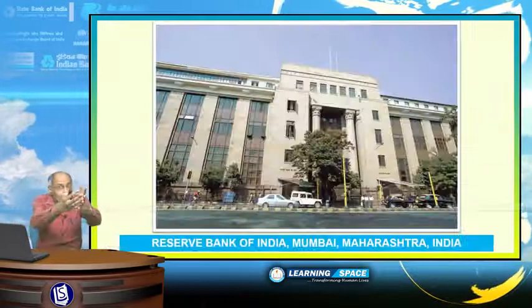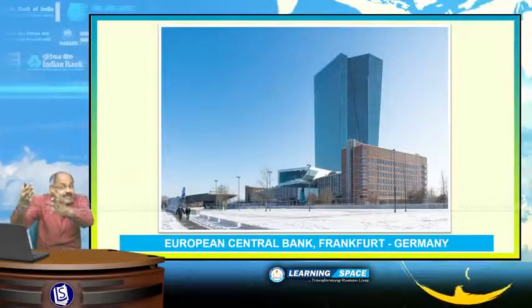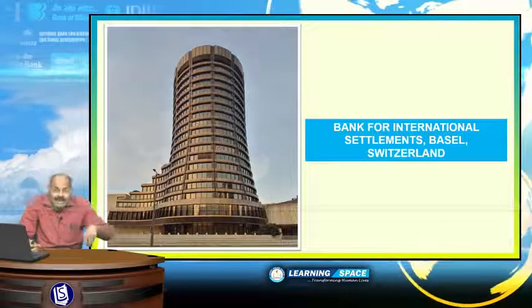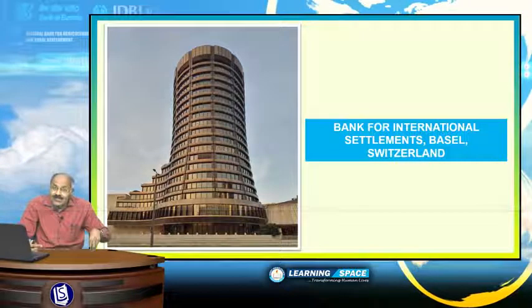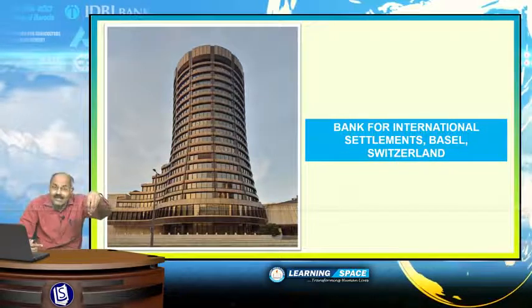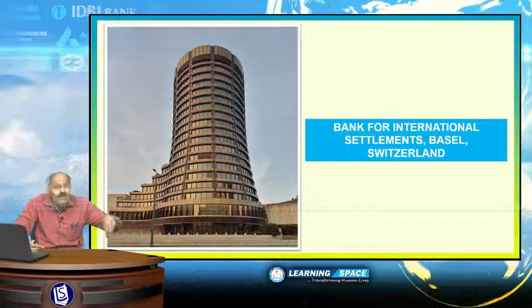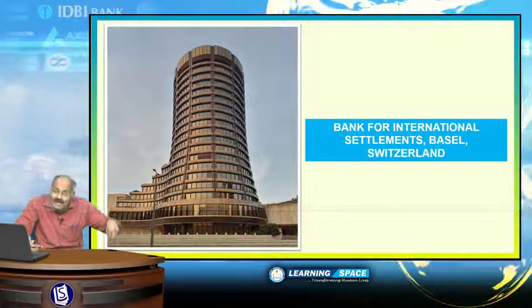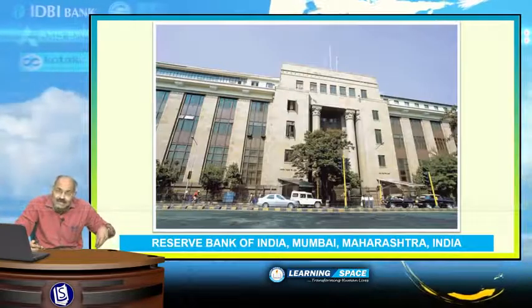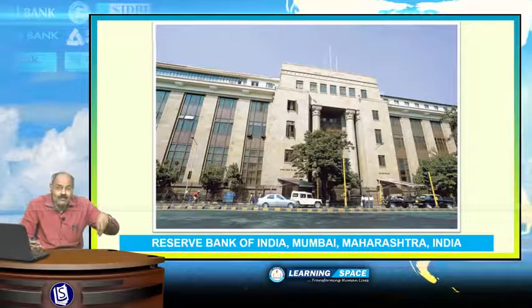Central banks like RBI, European Central Bank, Federal Reserve, these are all members of BIS, Bank for International Settlements. And Bank for International Settlements look at the financial and monetary stability of the world as a whole, whereas the individual central banks look at the monetary stability of their respective countries. The main purpose of central bank is to preserve the value of currency without much volatility, without much change, right?